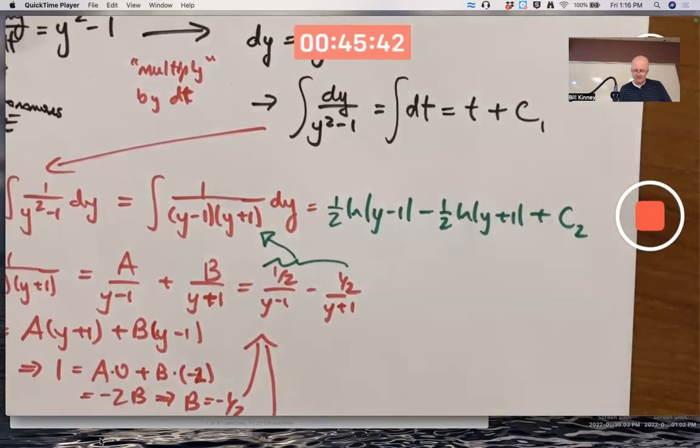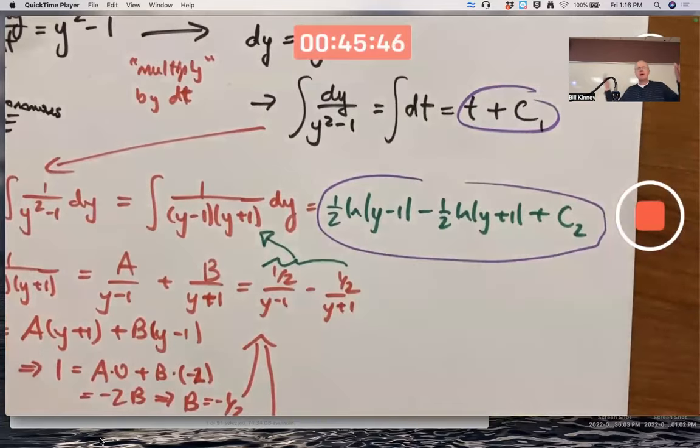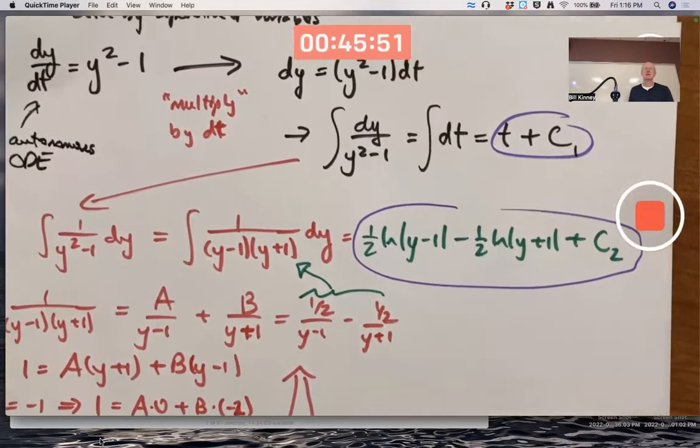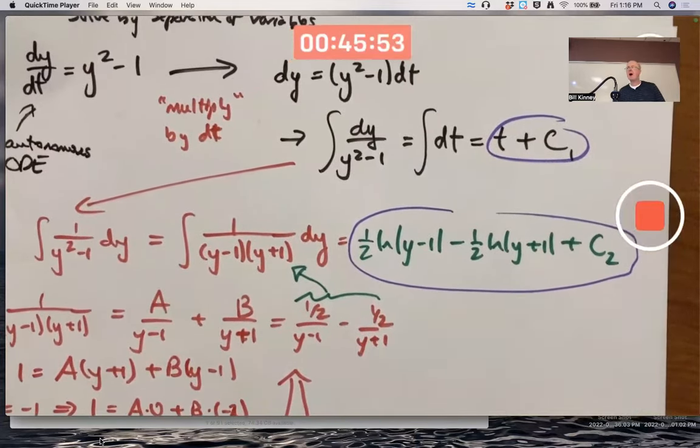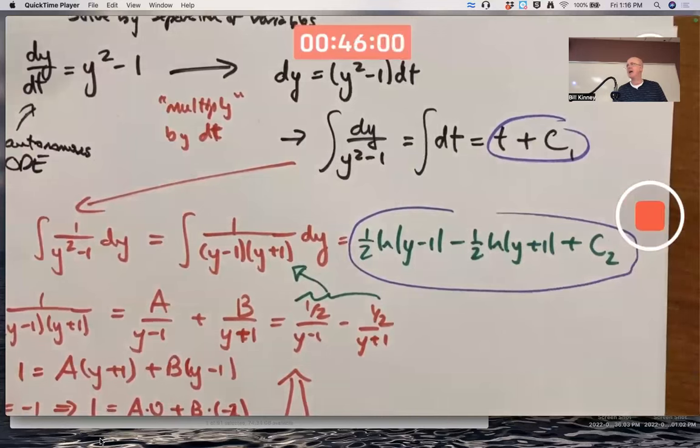So what do I have now? I've got that this equals this. What's my goal? I'm trying to solve the differential equation. I'm trying to figure out how y depends on t. I guess I have to set these equal to each other and solve for y.